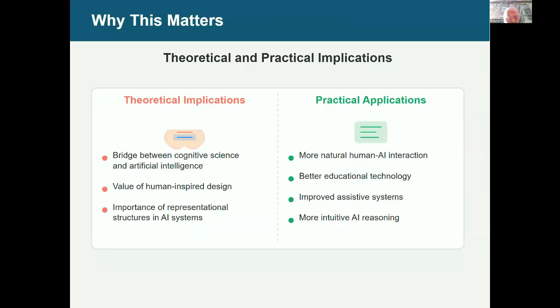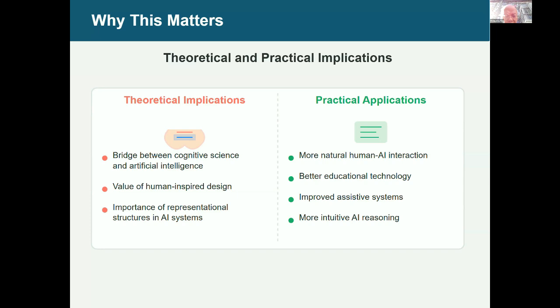And then let's see why this matters. Why does all this matter? There are both theoretical and practical implications of our work. From a theoretical perspective, our research helps bridge the gap between cognitive science and AI. It suggests that incorporating cognitive constraints and processing mechanisms observed in humans can provide useful inductive bias for AI systems.